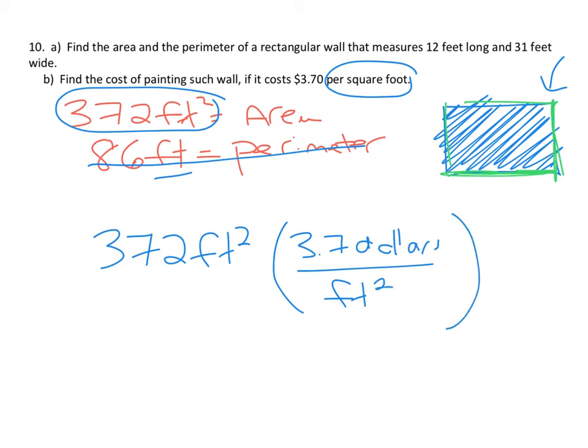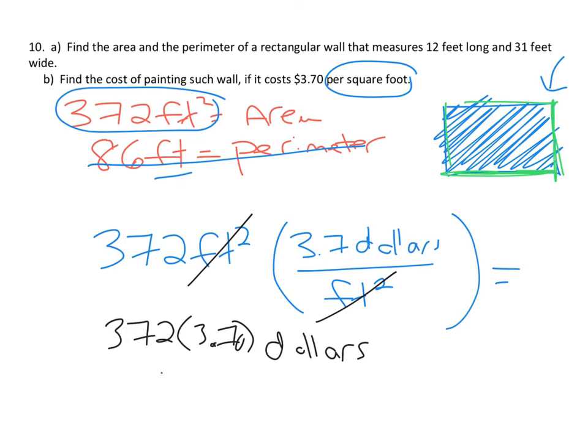So $3.70 is an equivalent cost of 1 square foot. This is like multiplying by 1. When you multiply, the feet squared cancel, and you're left with just dollars. So you end up with 372 times 3.70, and that's going to be in dollars.